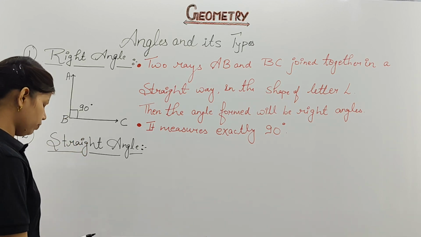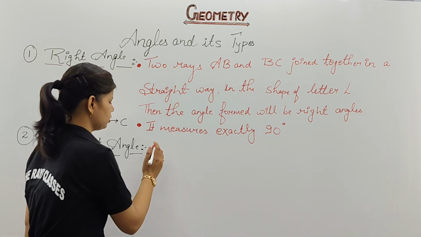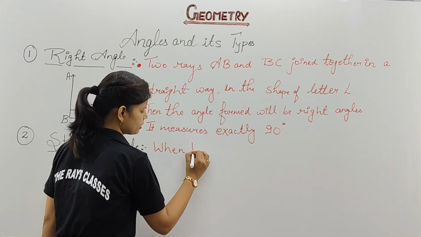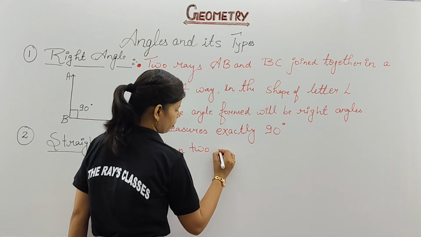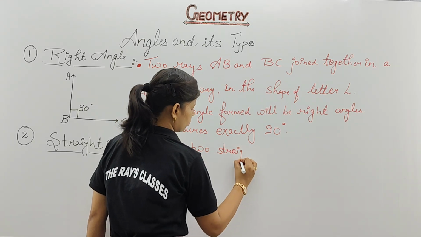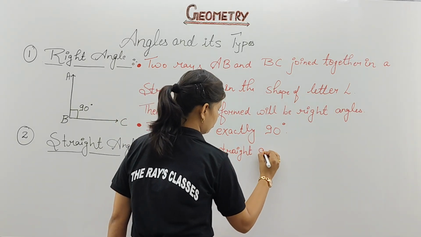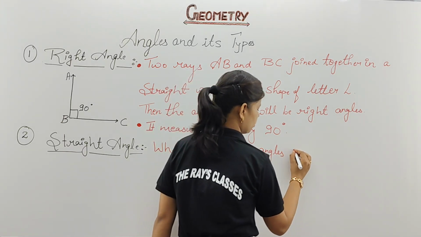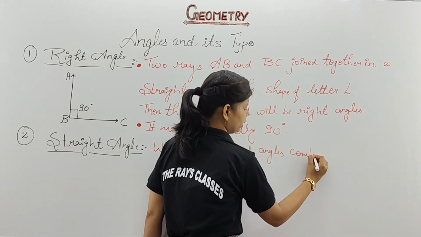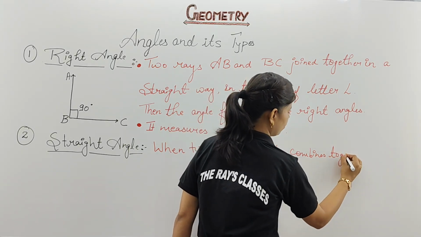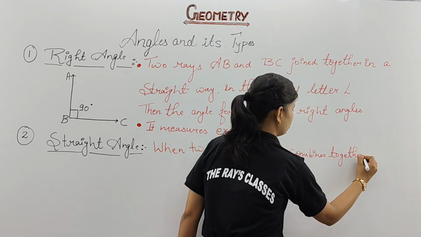Clear? That means when we are going to talk about the definitions, we will write, when two right angles combine together, then what will it form?